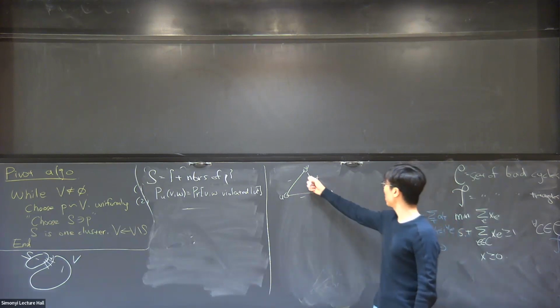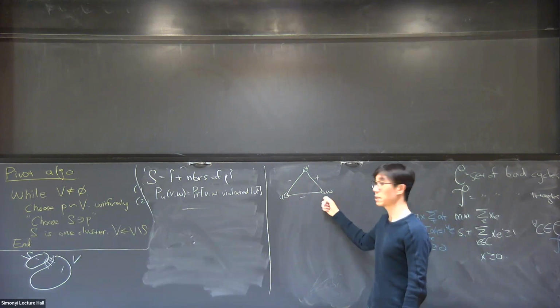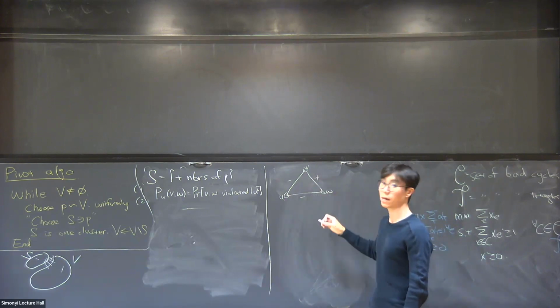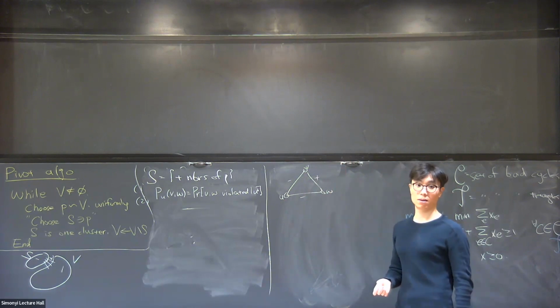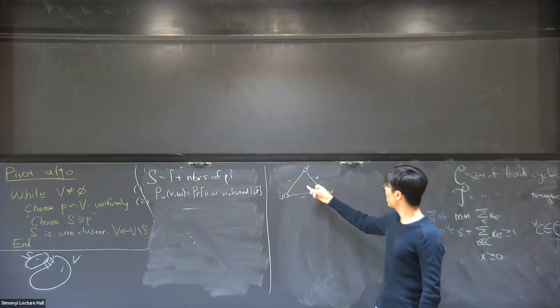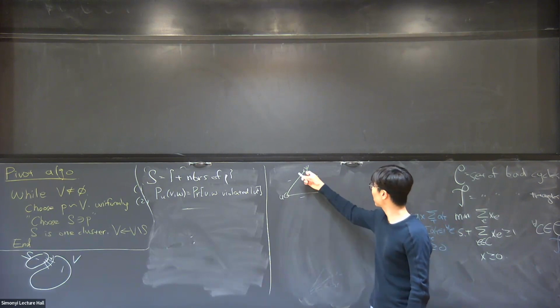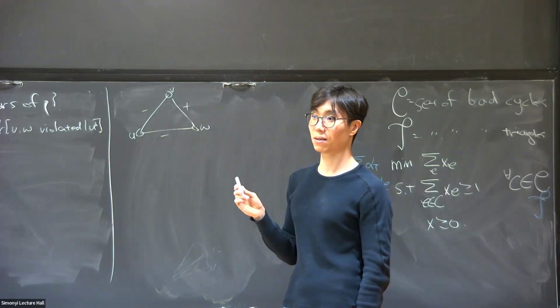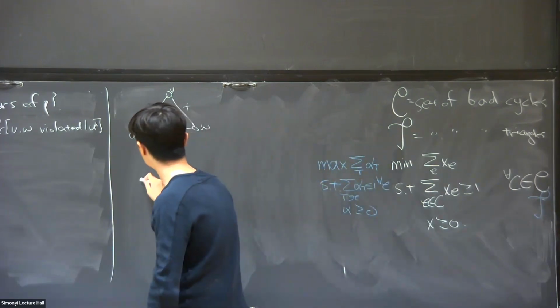If V is a pivot, then U and W will be separate, which is consistent. If U is a pivot, then V and W will be outside, which is fine. Out of these eight sign patterns, there's only one kind of bad triangle, which is this.